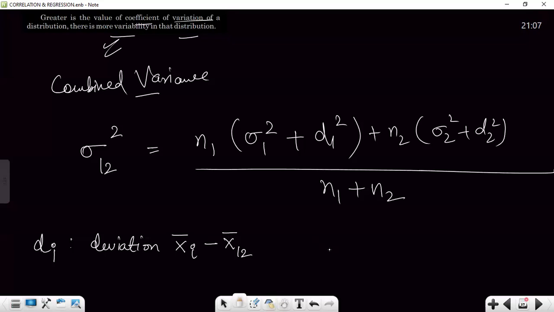So d1 is the deviation of the mean of set 1 from the mean of the combined observations. Similarly, d2 will be x2 bar minus the combined mean. So this is how combined variance is found. Is that clear? Yes, sir.